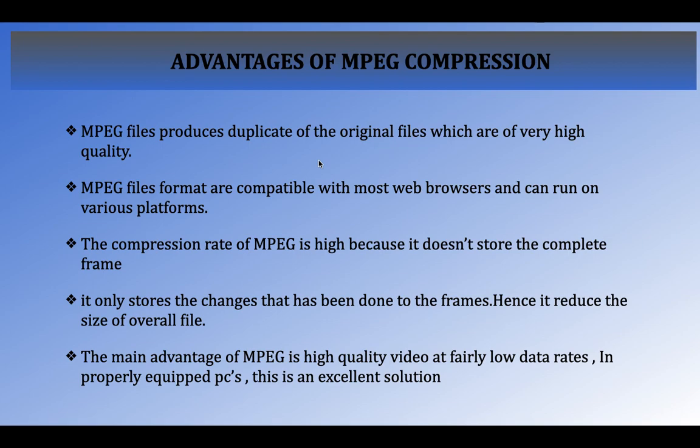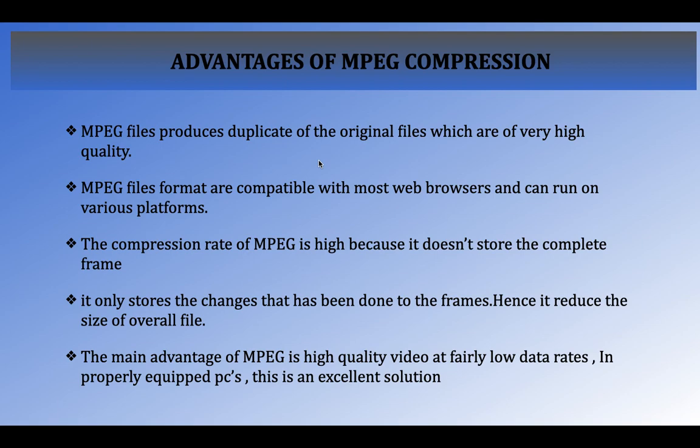Advantages of MPEG compression. MPEG files produce duplicates of the original files which are of very high quality. Also, these file formats are compatible with most web browsers and can run on various platforms.